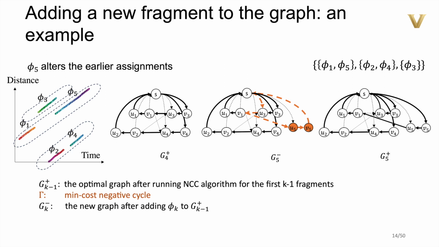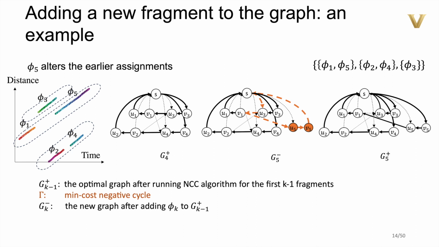In this case, let's say that the edge connecting 1 and 5 has a lower cost than the edge connecting 1 and 3. That is to say, before we see fragment 5, we match fragments 1 and 3 because they have a good matching probability. But now that we've seen 5, it has a higher matching probability with 1, and it conflicts with 3 because there are time overlaps. So fragment 3 is unfortunately singled out.